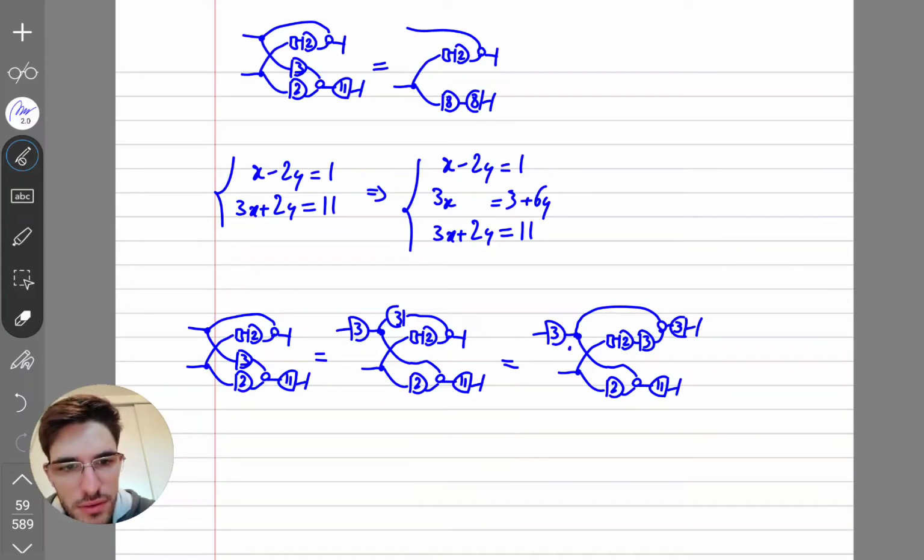Now I've got 3x here. This is 3x. Definitely equals, yeah, that's 3 minus 6y minus 6y, which is plus 6y. And now I want to substitute this thing. What's funny is that I'm kind of losing, maybe not.